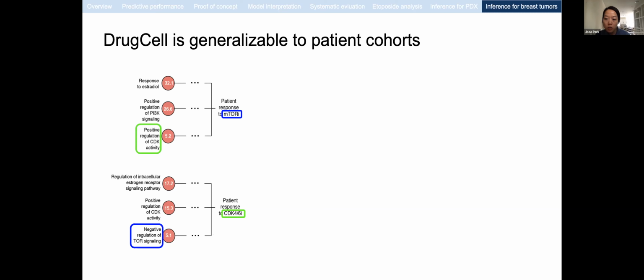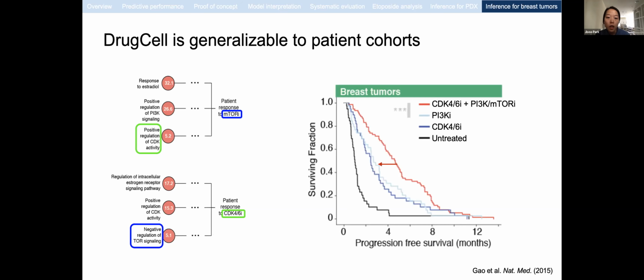We examined their synergy using the PDX model data that I previously showed. In the right plot, you can see the progression-free survival rate of the PDX models improve when treated with the combination of mTOR and CDK4/6 inhibitors compared to when treated with each treatment alone.